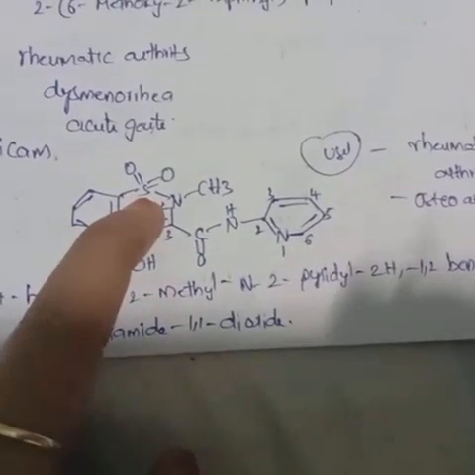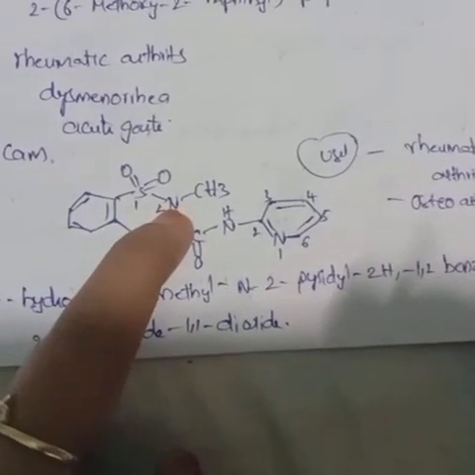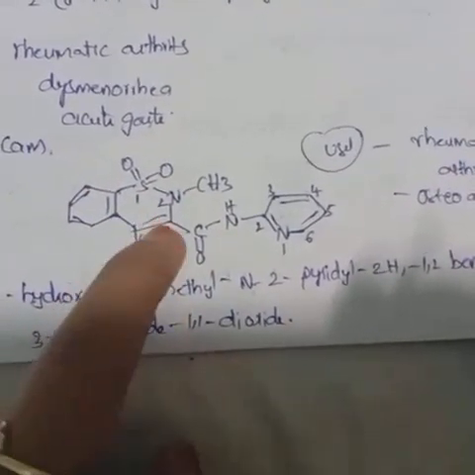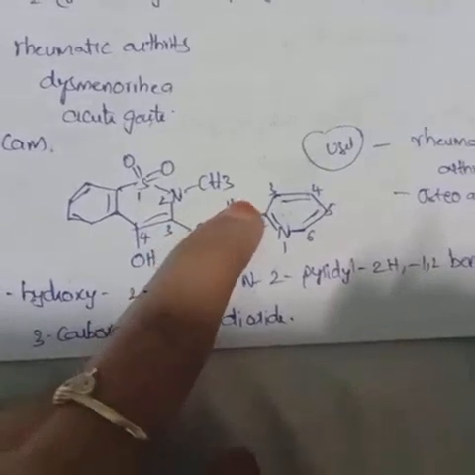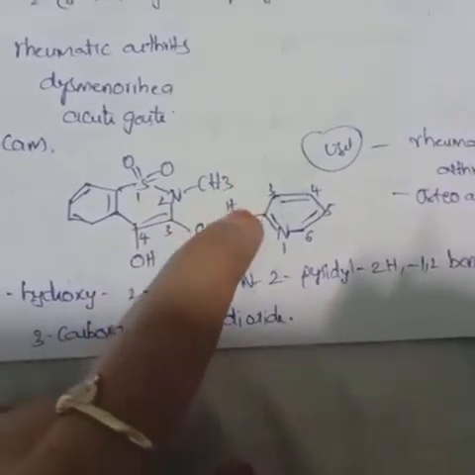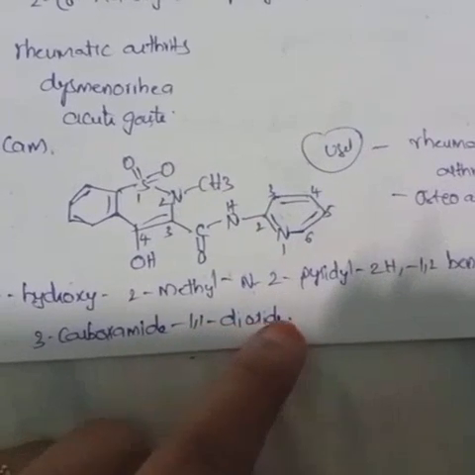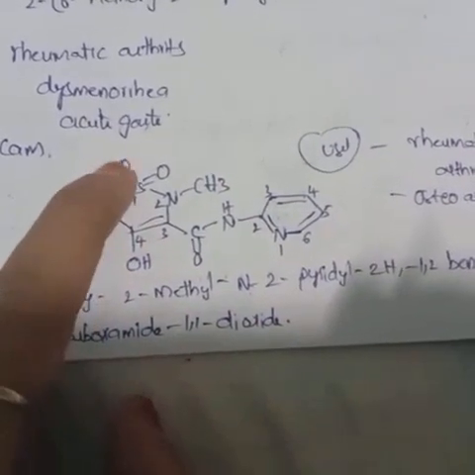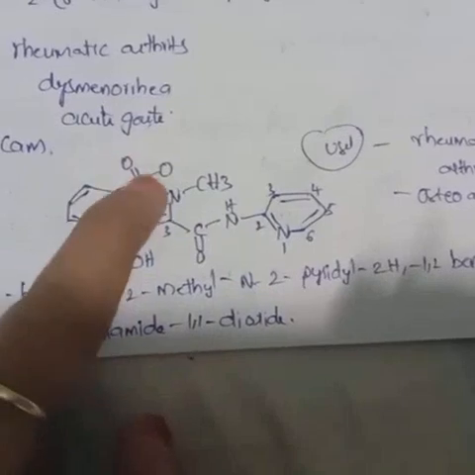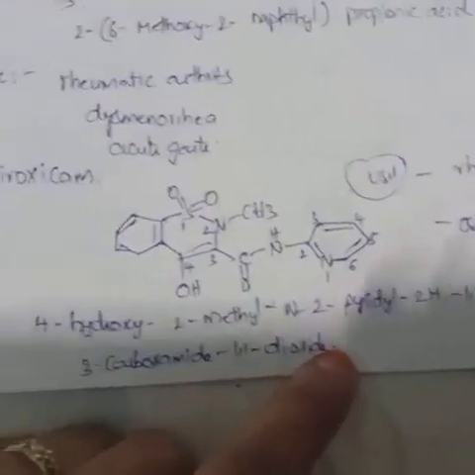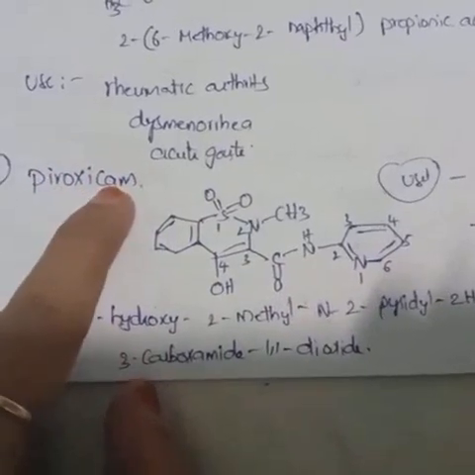At first position thia group is there, and the 2nd position aza group is there, benzothiazine. 3-carboxamide, at the 3rd position, carboxyl group and amide group is attached here. 1,1 dioxide. So here see, dioxide group is there at the 1st position. So 1,1 dioxide. Okay, for this pyroxycam.